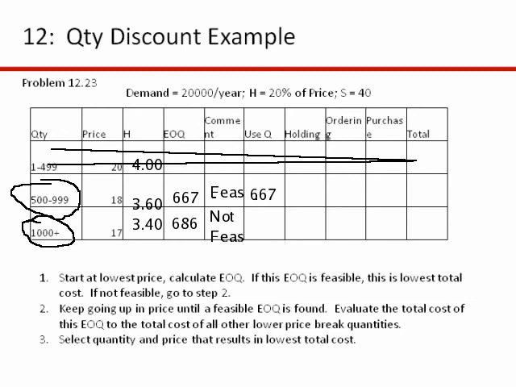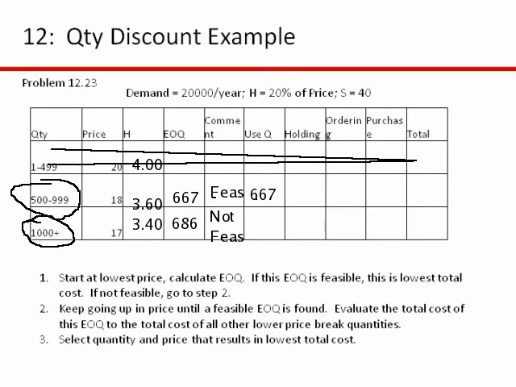So we're going to calculate now the holding cost with 667, which is 667 divided by 2 times the $3.60. So that's going to give us a holding cost of $1,200.